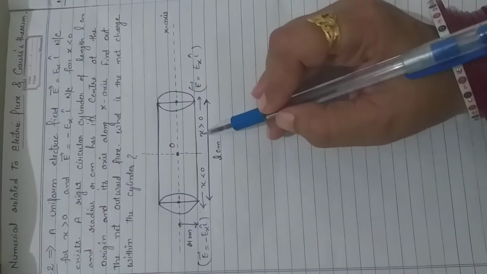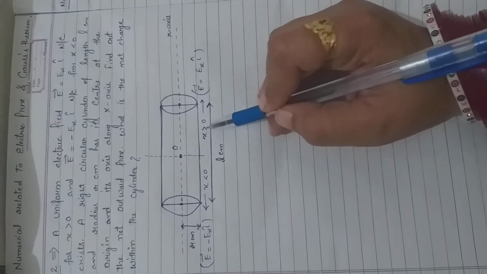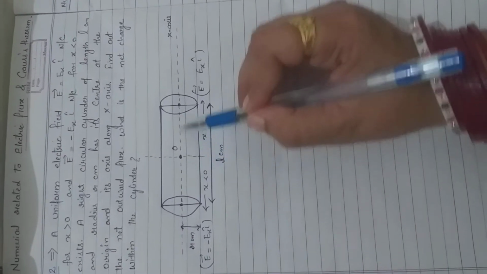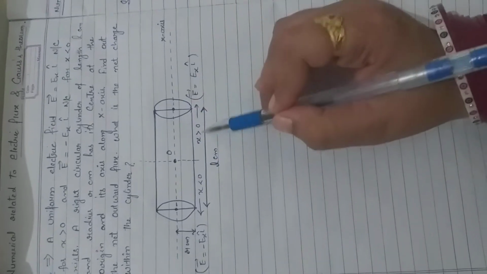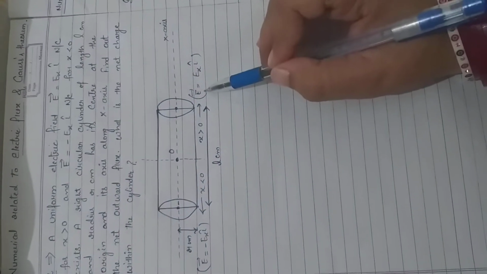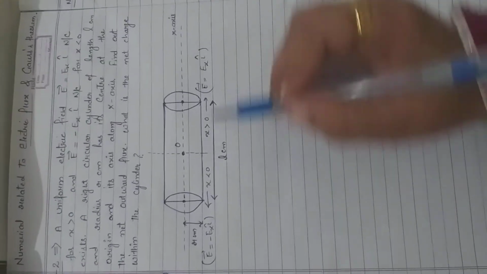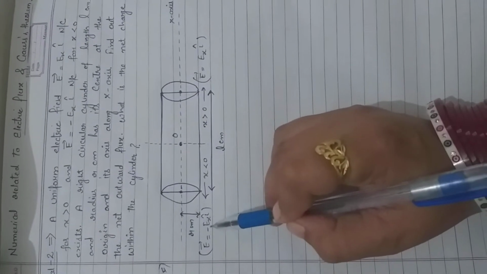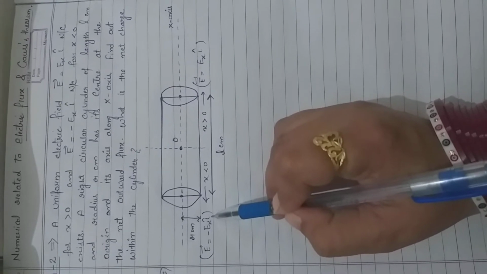The electric field for x greater than 0, on the right-hand side, is E x i cap, and for x less than 0 the electric field is minus E x i cap. Clear? So what is the question?